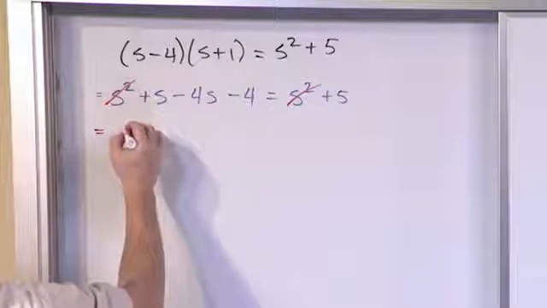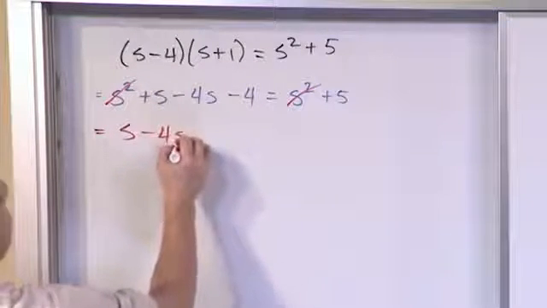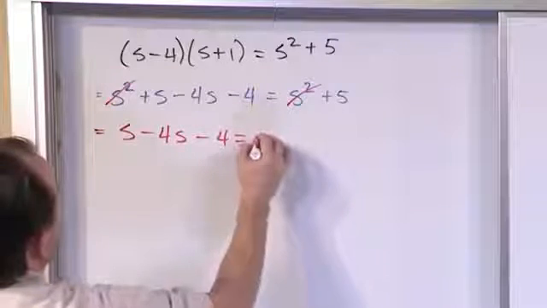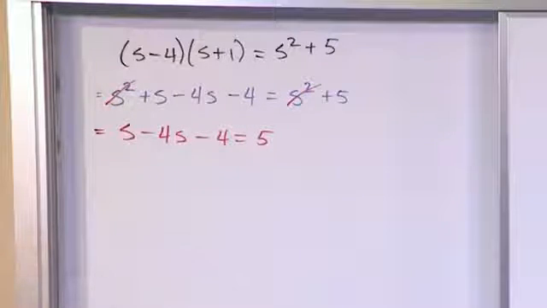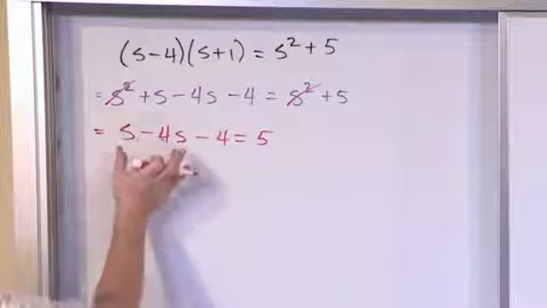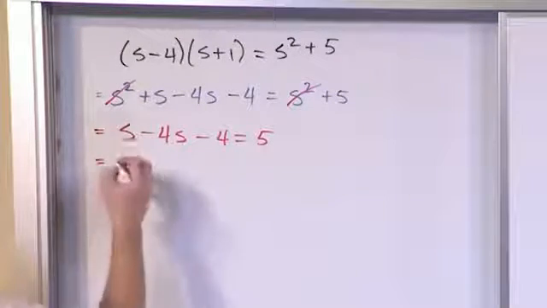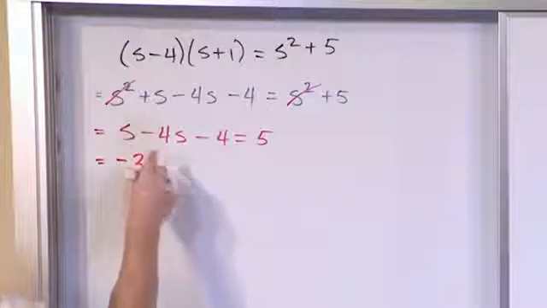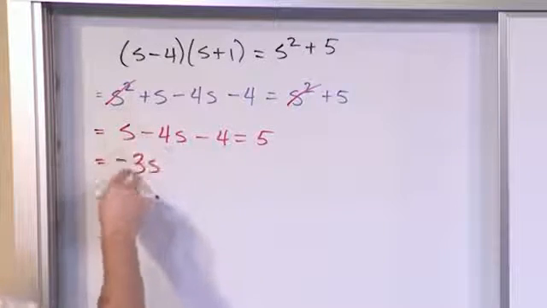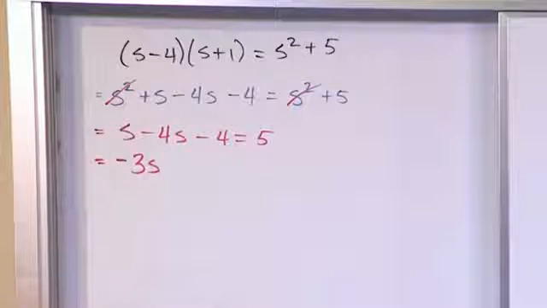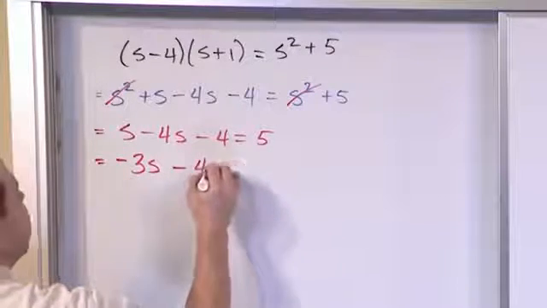The only thing I have left now is s minus 4s minus 4 is equal to 5. Now on the left-hand side, I have an s minus 4s. These are like terms, s and s. So what is s minus 4s? It's going to be negative 3s because you subtract them. 4 minus 1 gives you 3. Negative comes from the bigger number. Minus 4 is equal to 5.